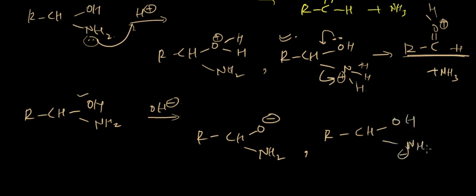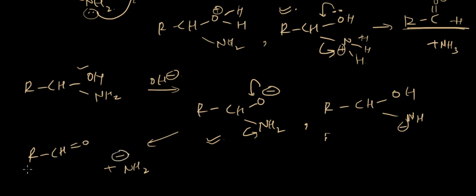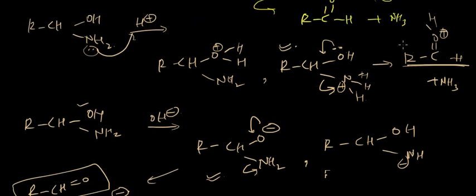Okay, so now which is more stable? This is more stable. Why? Negative charge on a more electronegative element would be more stable, hence this would take place. And now this will form a double bond with the carbon atom, and as a result we'll get something like CH double bond O, and this will take back its bond with the carbon atom. So in both cases RCHO is formed, whether acidic medium or basic medium.